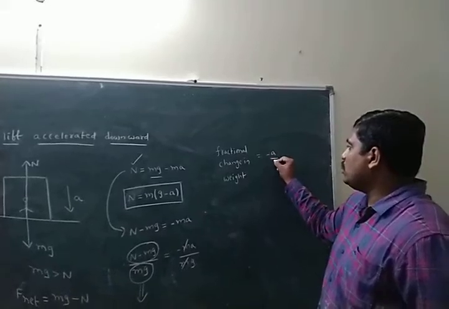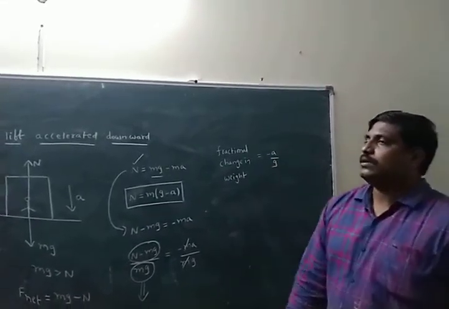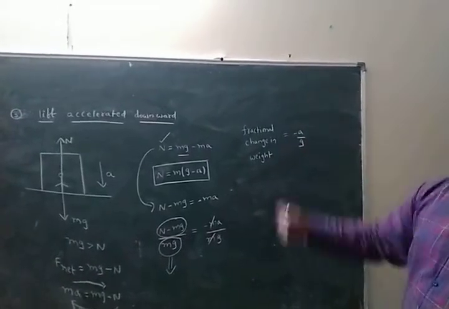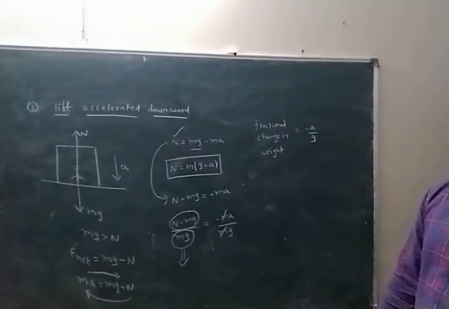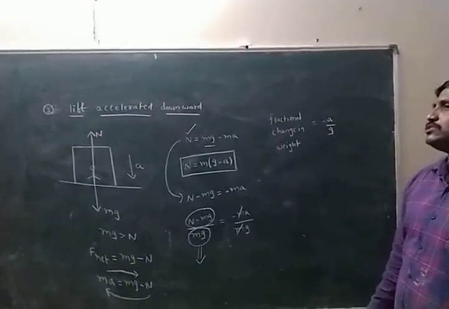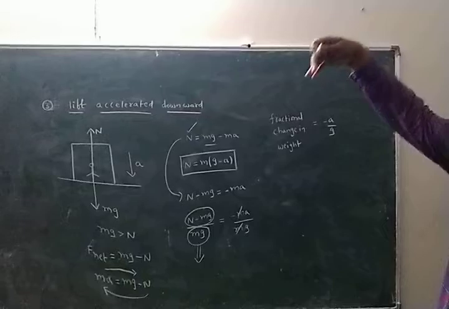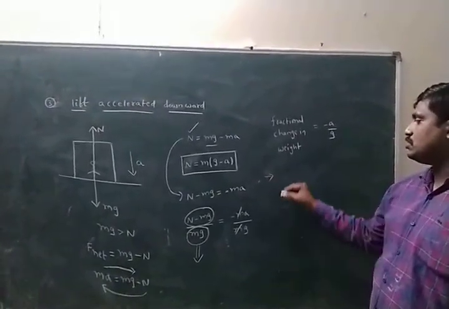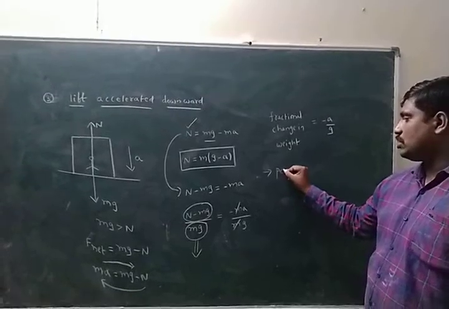Finally we get minus a by g. In the previous case, lift moving upward, the fractional change in weight formula is plus a by g. But in the situation, lift moving downward, the fractional change in weight formula is minus a by g.